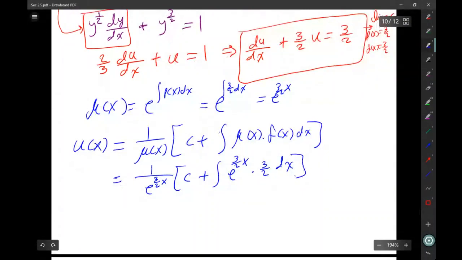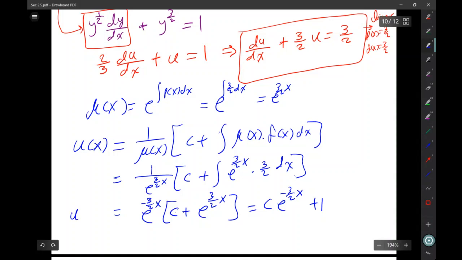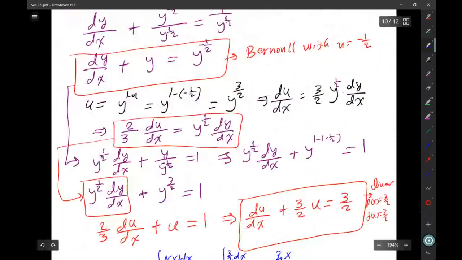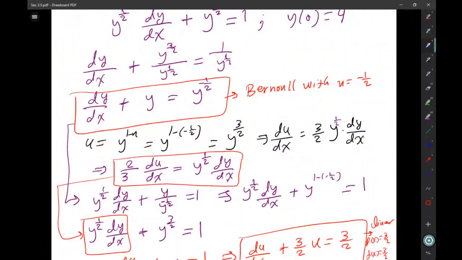Now the integral of e to the power 3 by 2 x times 3 by 2 is e to the power 3 by 2 x, and that becomes c e to the power minus 3 by 2 x plus 1. This is u of x. But what is u equal to? u is equal to y to the power 3 by 2.